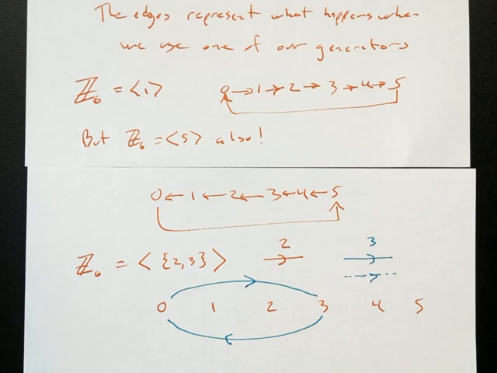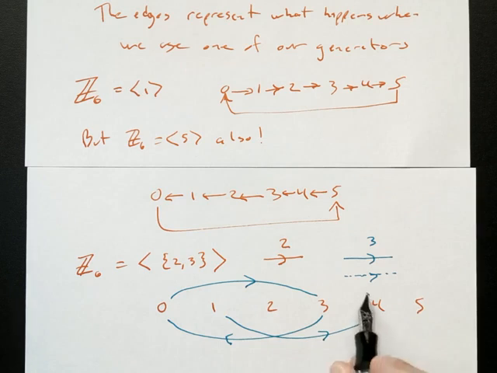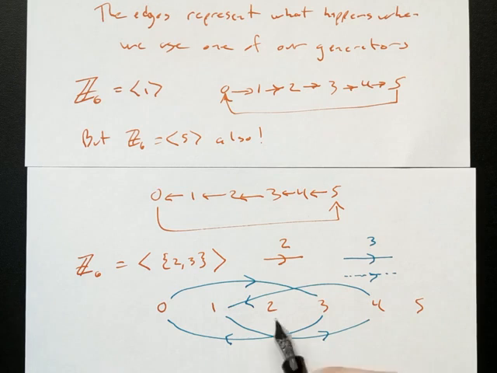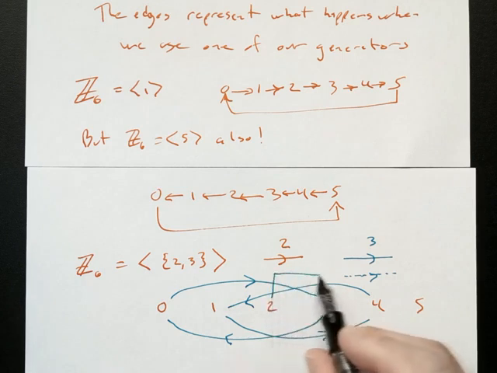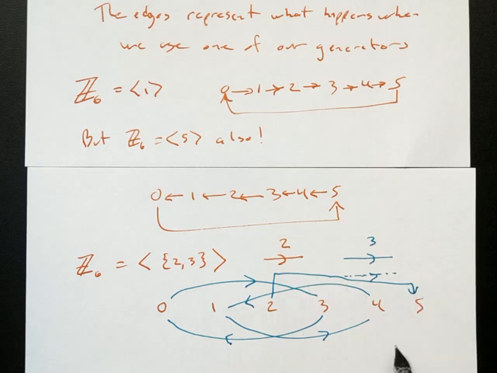So pick another element. 1 plus 3 is 4. 4 plus 3. I'm still missing things. 2 plus 3 is 5. 5 plus 3 is 8, but I'm in Z6.